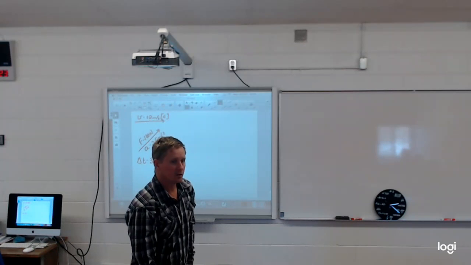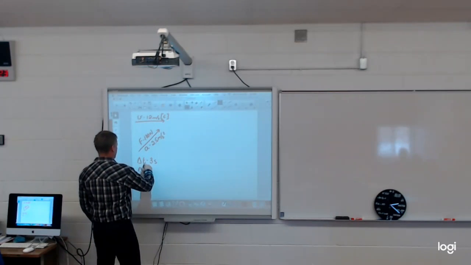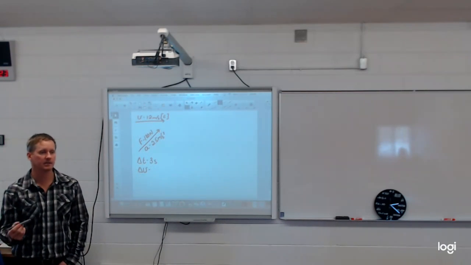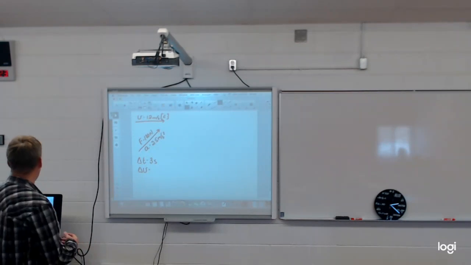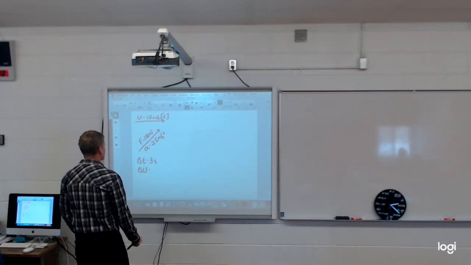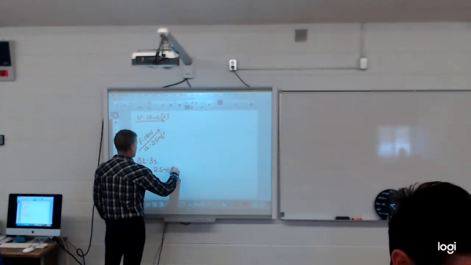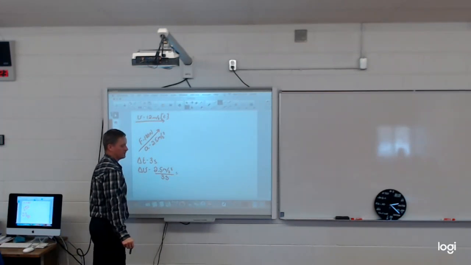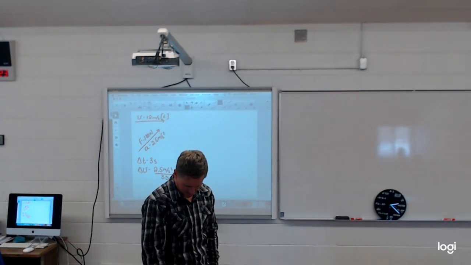Okay. So now what I also can find is my change in velocity, because that vector is what's going to change it. Your change in velocity is 2.5 meters per second squared divided by 3 seconds. Is that right? I think I've got something wrong there.